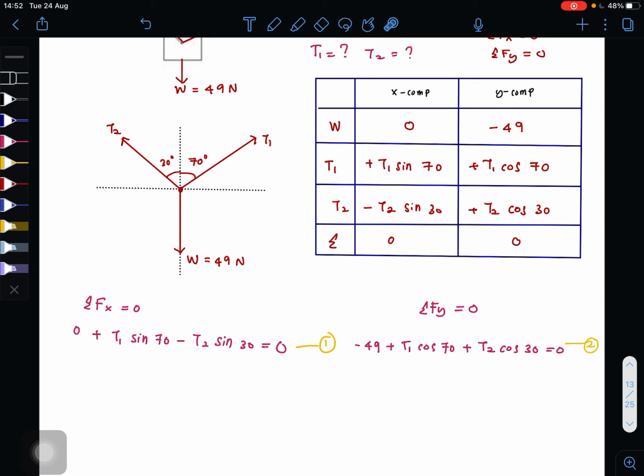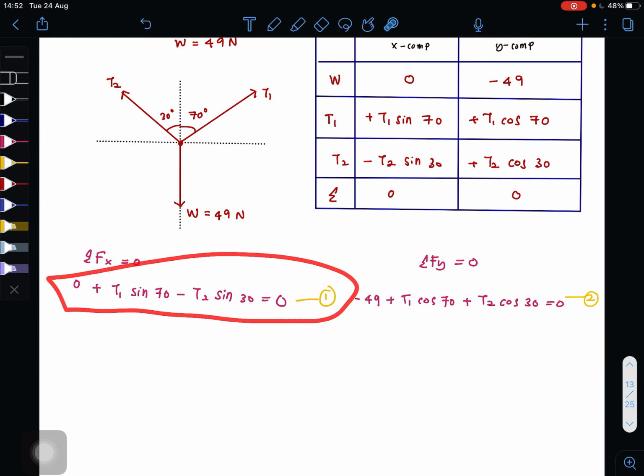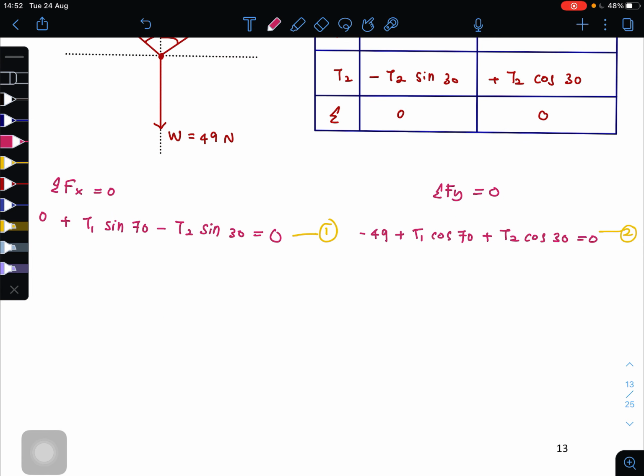So we look at the easiest one first. The easiest is to solve the first one first. So here we have T1 sin 70 equal to T2 sin 30, and then T1 is equal to T2 sin 30 divided by sin 70.